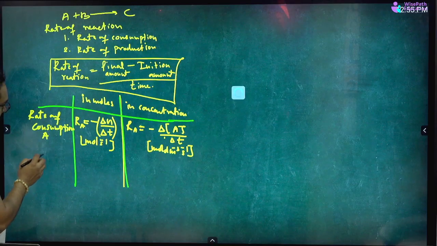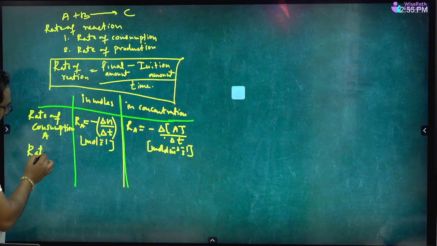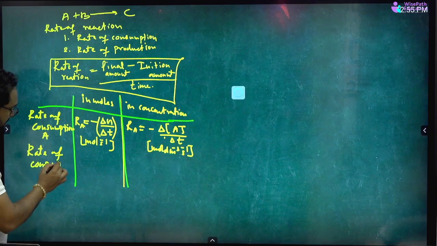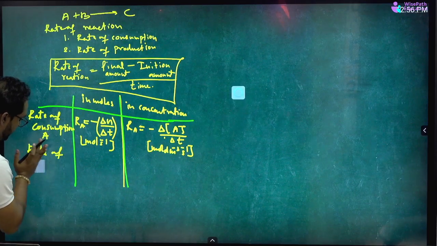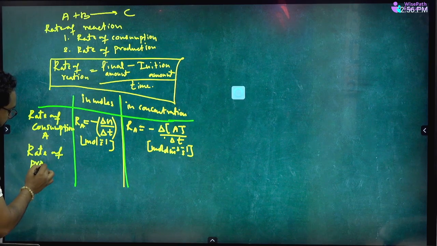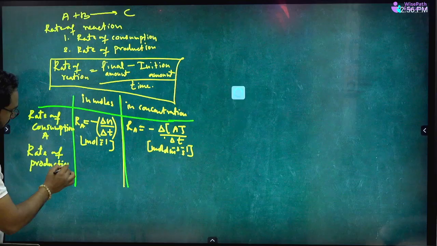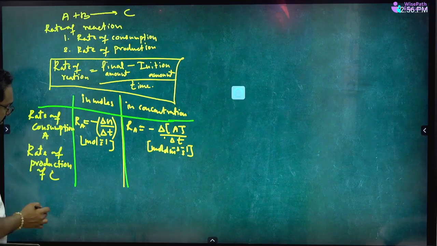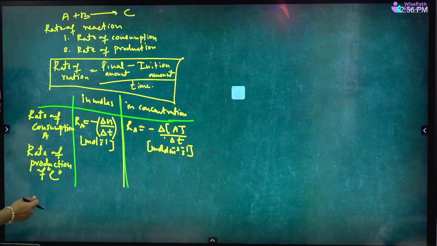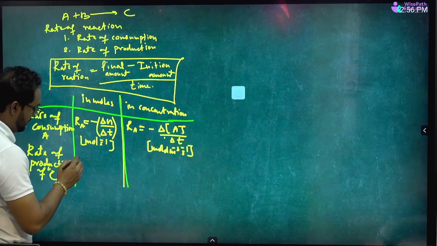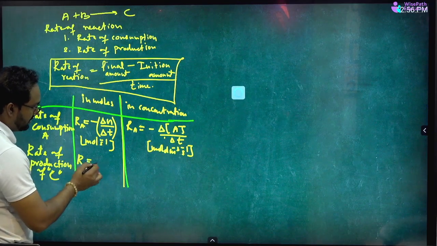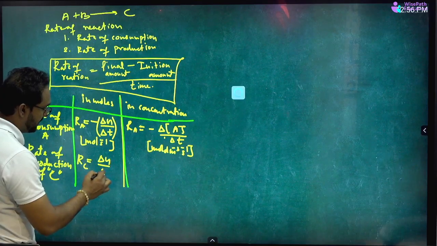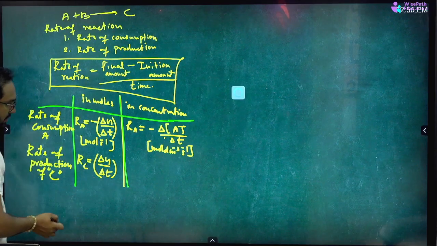And if I come to rate of production, I'll take C. The C is the only product, right? Rate of production of C, that is RC. Does it have to be minus? No. So it's delta N divided by delta T. Gives the rate of reaction.